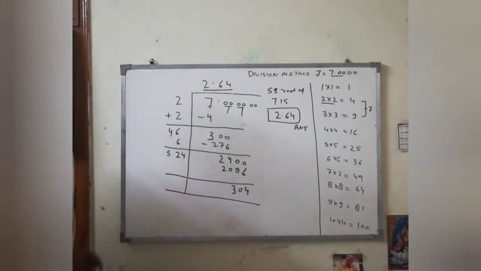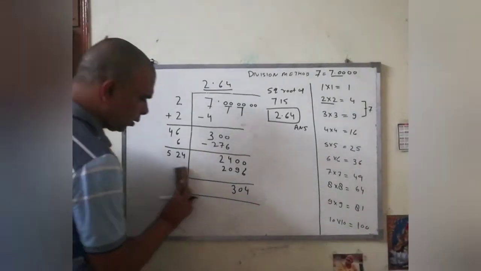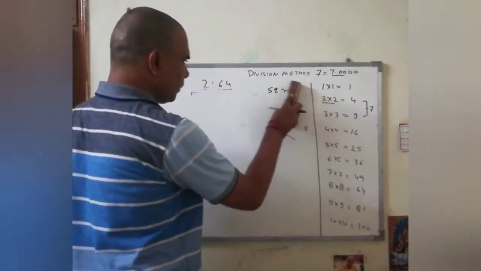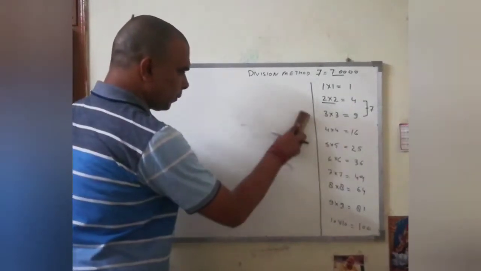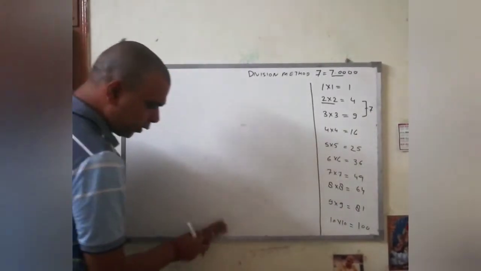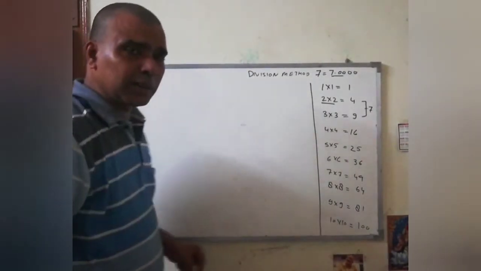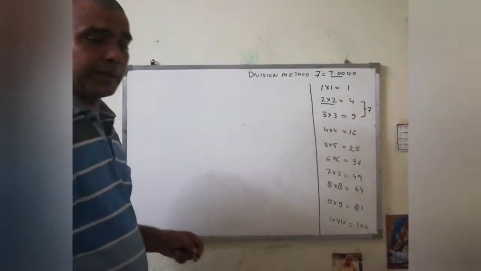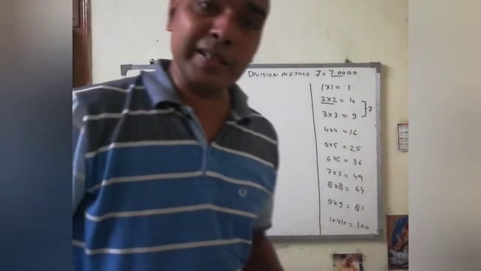Okay. Now, so slowly you will find the square root of other numbers also. Okay. Now I am taking the square root of 765.